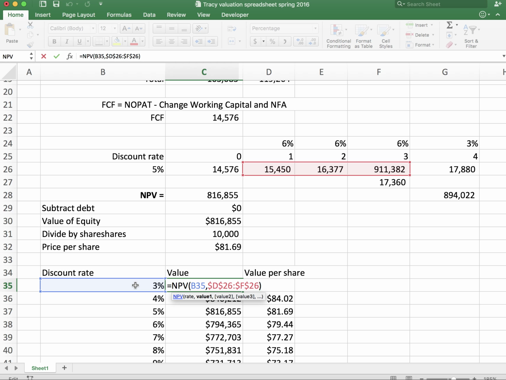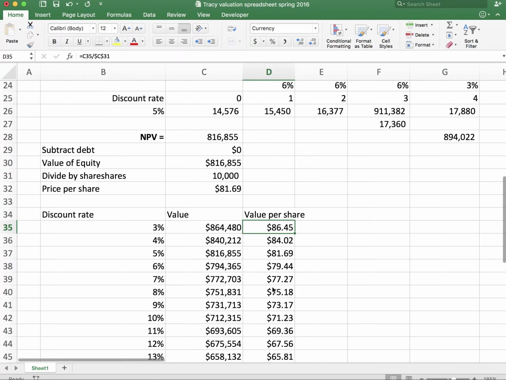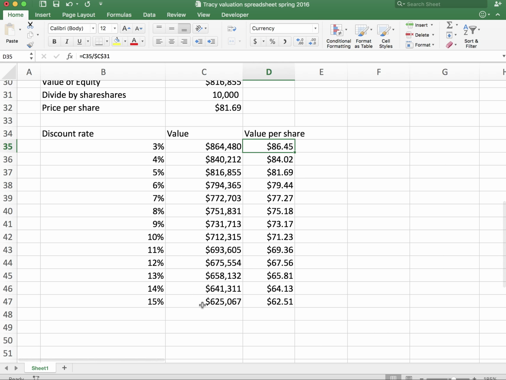B35 is this cell here. The only thing that changes is B35. The rest of the equation doesn't, and that makes it really simple. And then this number does not change, and the C35 does change. So it's basically dividing by the number of shares for me. And once I have that, I can just window in these numbers.